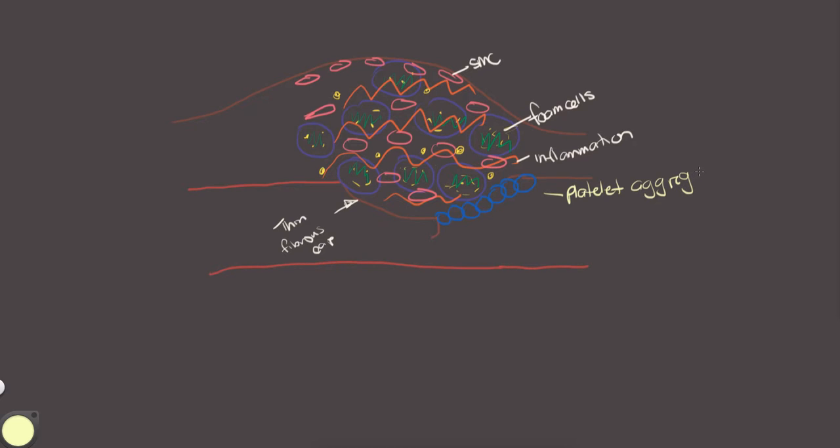Or adherence. We'll call that adherence. We see platelet adherence to our plaque. And as that goes on, what we have is basically stimulation of our coagulation pathway. These platelets are going to send more coagulatory signals, and we're going to get platelet aggregation.